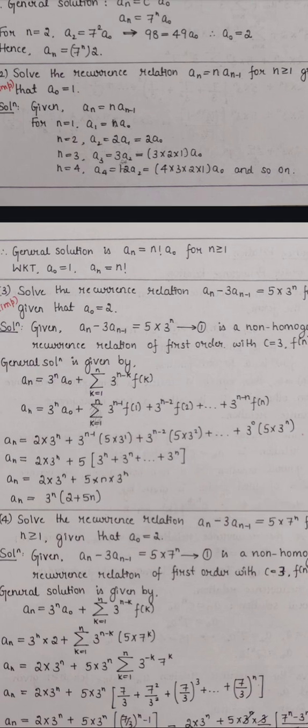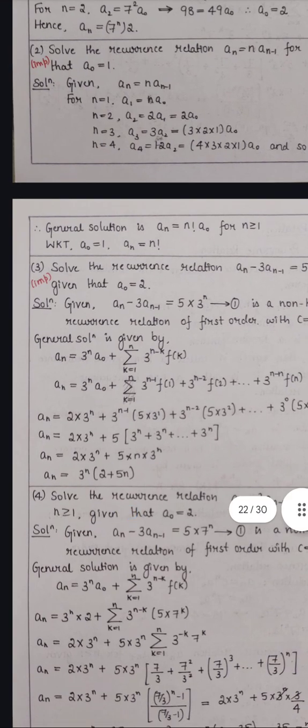At this point we get to know one sequence in this. For whatever the n, we are getting n factorial into a_0. So the general solution is a_n equals n factorial into a_0 for n greater than or equals to 1. a_0 is 1 and a_n is equal to n factorial.